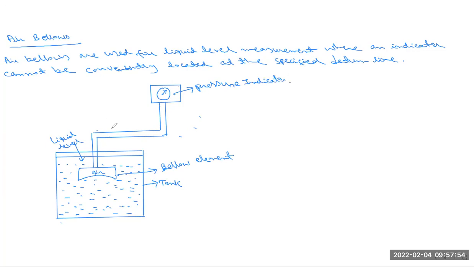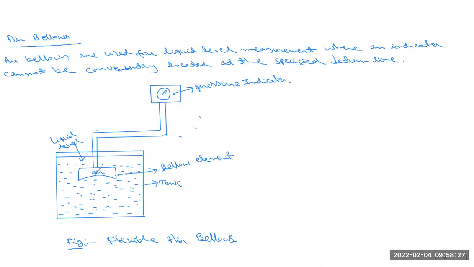So this is the figure of the flexible air bellows method. This air bellows method is used for liquid level measurement where the indicator cannot be conventionally located at the specified datum line, that is, the tank level.